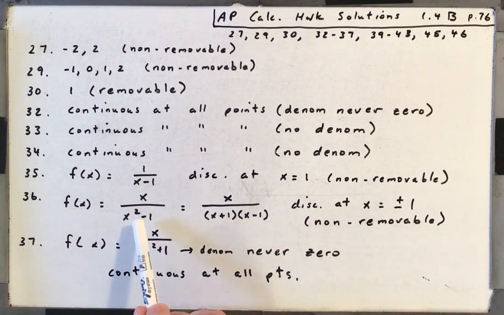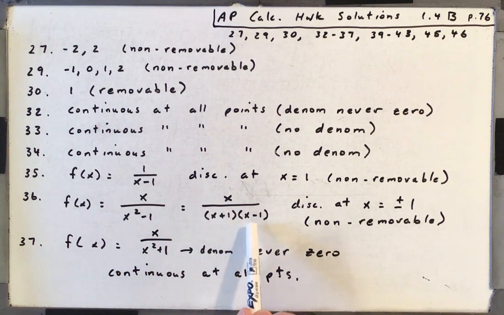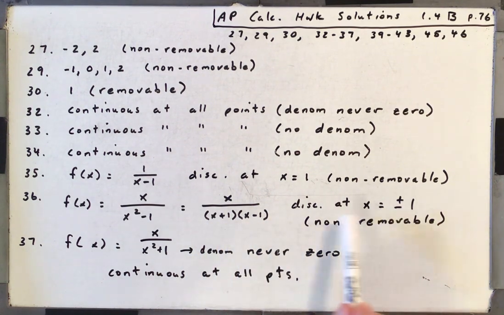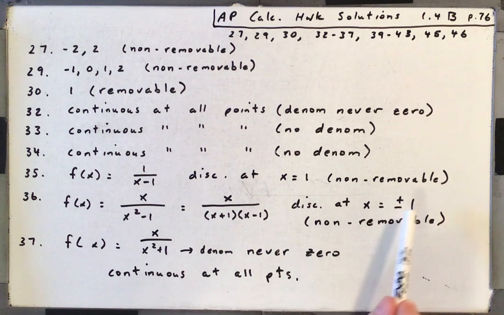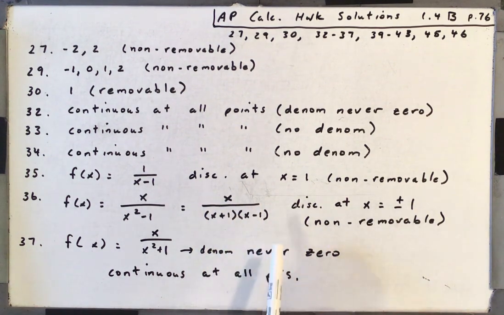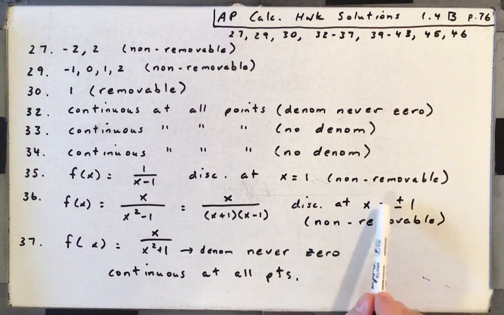You can factor x squared minus 1 into x plus 1, x minus 1. So what values of x make the denominator 0? Well, that's -1 and +1. So there's a discontinuity at plus or minus 1. And because we don't have an x plus 1 or x minus 1 on top, we can't cancel anything out. So both of those discontinuities are non-removable.